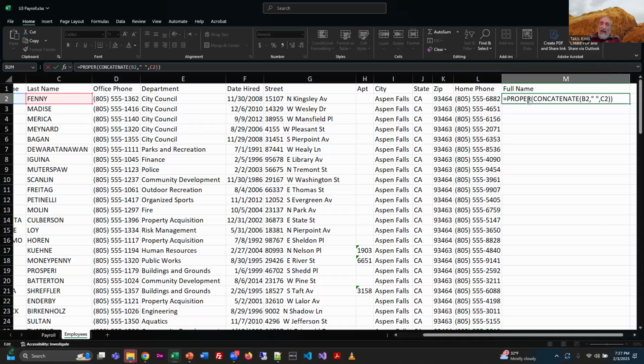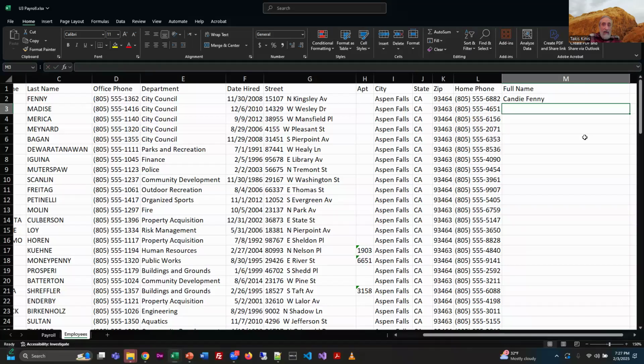We're doing the concatenation first, so it's B2, comma, space, C2, joining first name, last name with the space in between. And then that all goes inside the parentheses of the proper function, and it converts it to title case, like that.